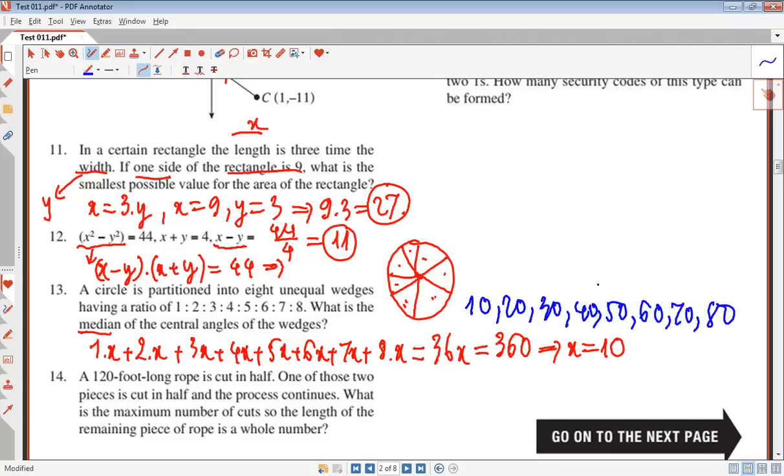And hence the median, because the number of angles here is even, must be the average of these two angles. It is (40 + 50) over 2. It is 45.